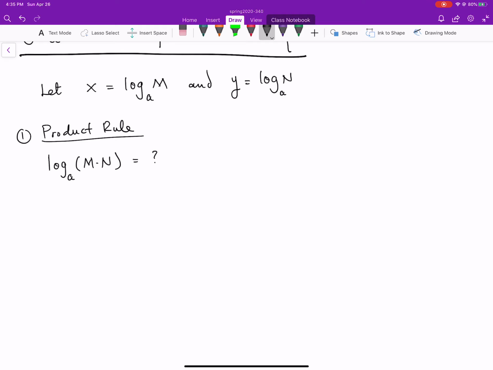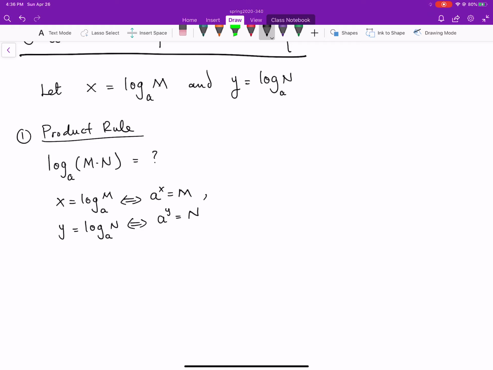So x equal to log a m, when I switch it to exponential, is a to the x equal to m. And likewise, y equal to log a n, if I switch it to exponential, becomes a to the y is equal to n.